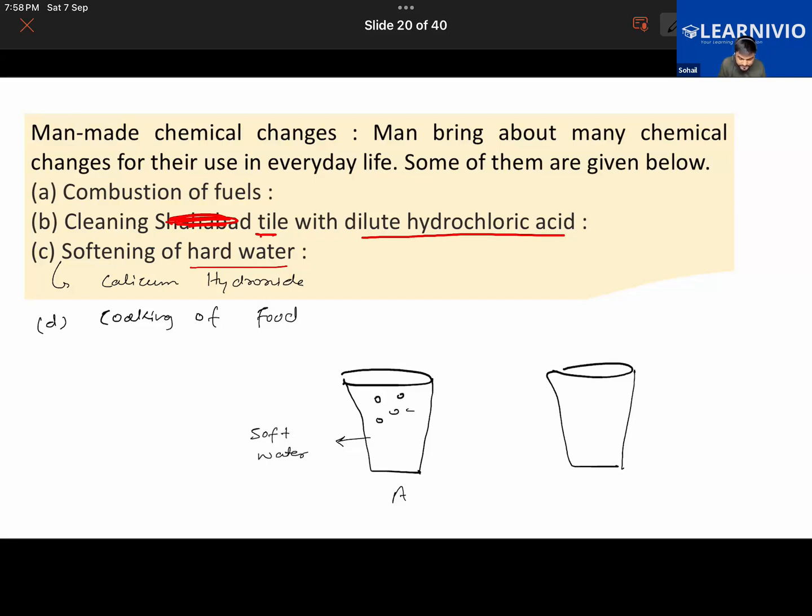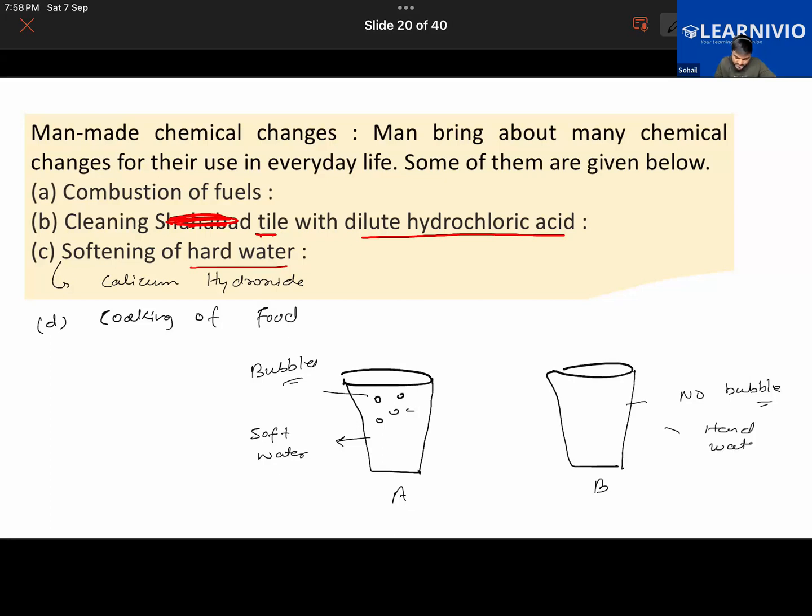But if you were pouring the water in glass B, and there were to be no bubble formation, that is an indication that it's hard water. Getting it?